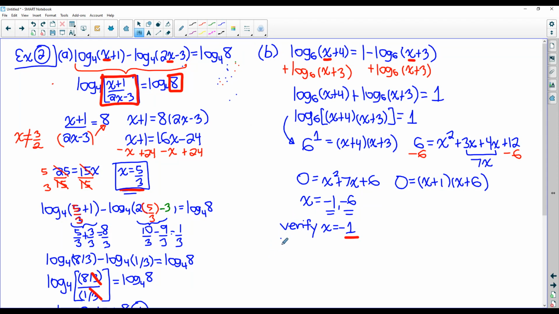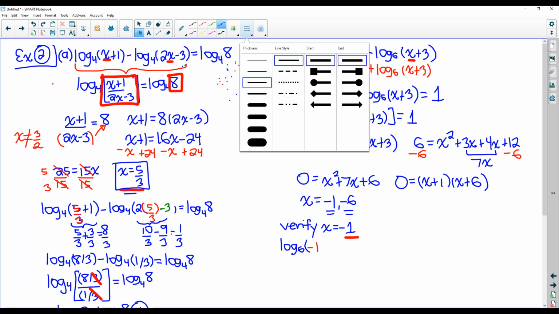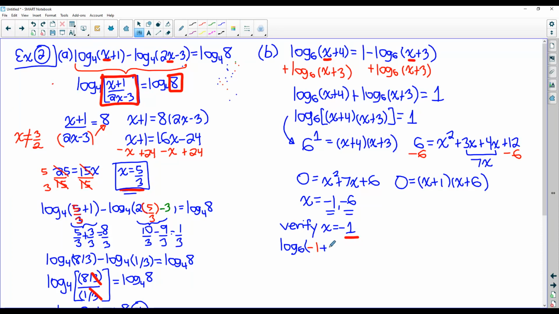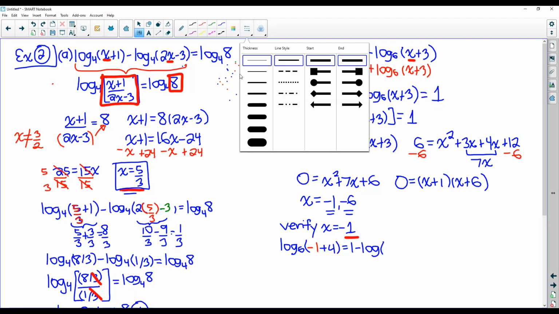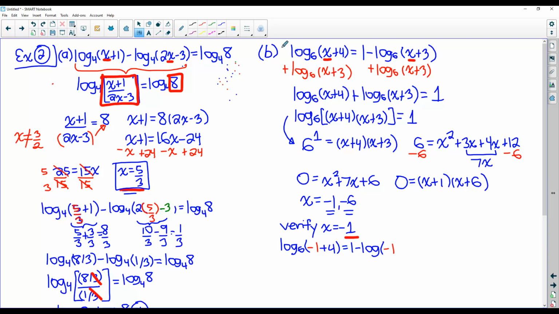If you do that, you would then have log base 6 of -1 plus 4 equal to 1 minus log base 6 of -1 plus 3.